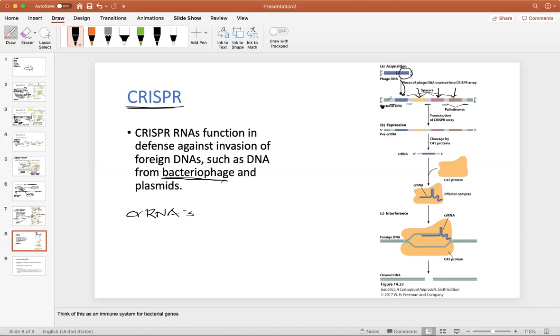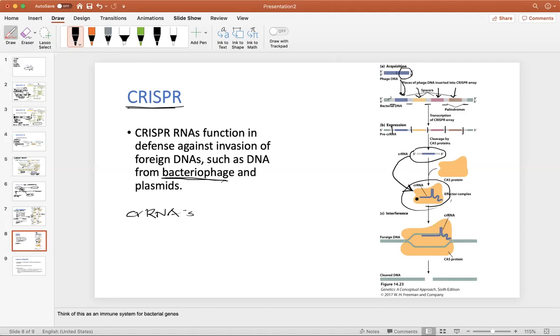What happens is the bacteria transcribes this array. Now we have a pre-CRISPR RNA. Then you're going to have cleavage by what are called CRISPR-associated proteins, and there's a bunch of them. They come along and they chop this array up at the palindromic sequences, at these sequences here, okay? Then they tuck these various sequences into another Cas protein, and now it becomes what we call an effector complex.